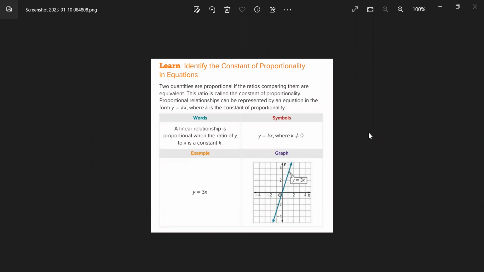And it says, two quantities are proportional if the ratios comparing them are equivalent. If we remember what a ratio is, remember that we have two quantities and we want to know the relationship between them.